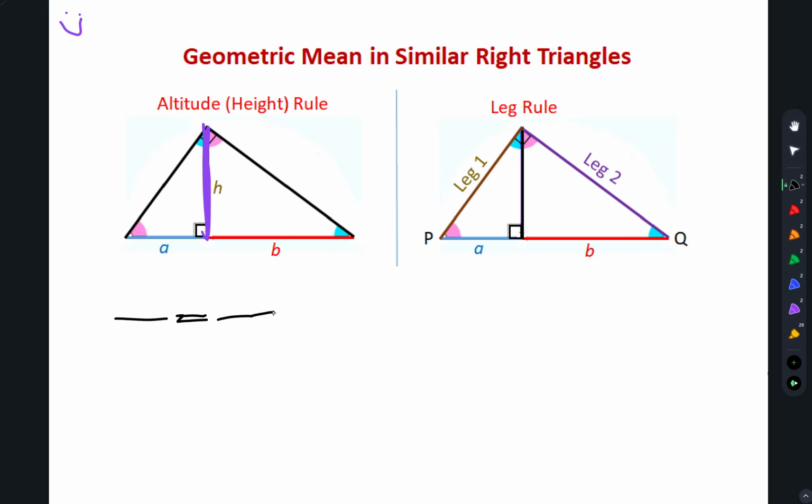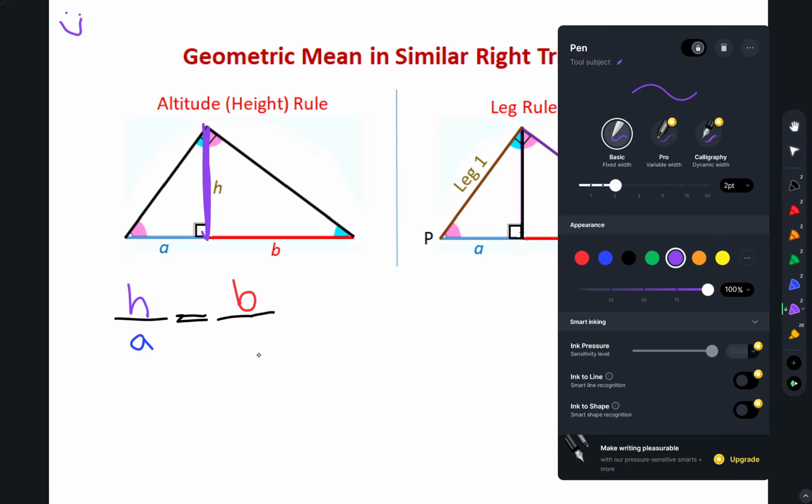So my proportion, if I think about medium triangle and small triangle here, then I would be lining up the long leg of the small triangle, the long leg of the medium triangle, the short leg of the small triangle, and the short leg of the medium triangle.